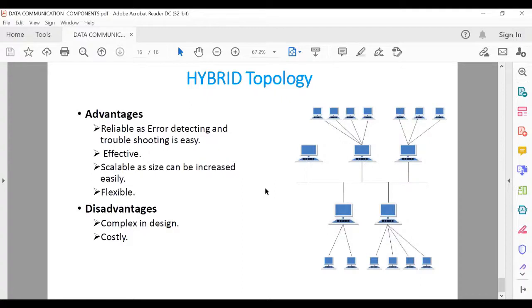Some disadvantages over there, like it is complex in design, obviously, because more topologies will be included into one topology. So complexity will be there, and obviously the cost will be increased in that way. Okay, so these are the different topologies.